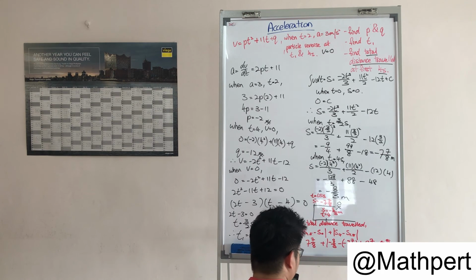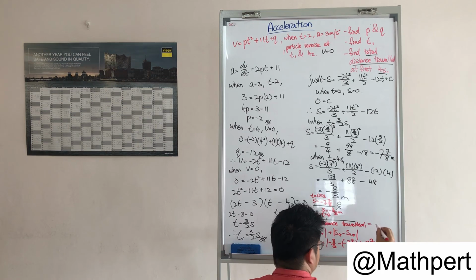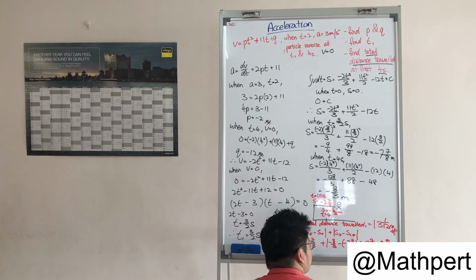These two add up, we got 7 and 7 over 8 plus 5 and 5 over 24. The total distance traveled is 13 and 1 over 12 meter. Alright?